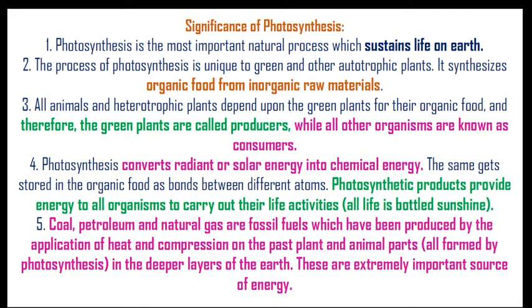All animals and heterotrophic plants depend upon the green plants for their organic food, and therefore the most important significance of photosynthesis is that the green plants are called producers because they develop their own food material, while the other organisms are known as consumers because they consume glucose or organic food for their health and wealth.